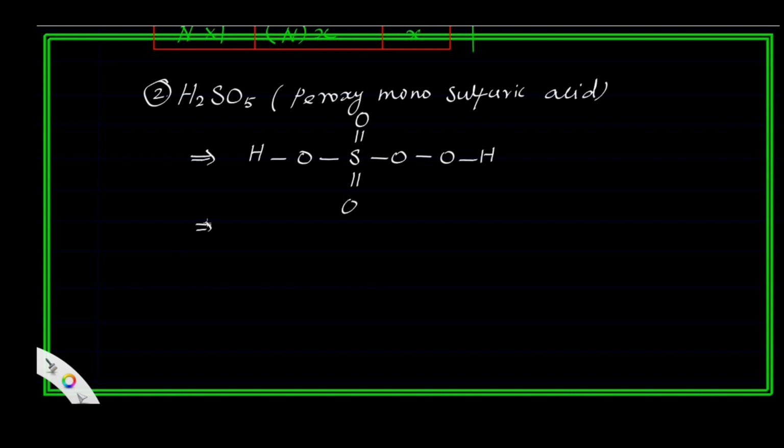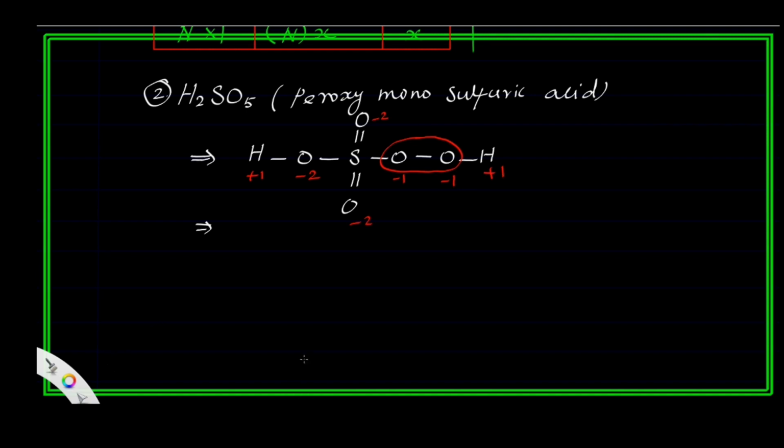In step 2, we put the oxidation number of each individual element. Hydrogen has +1, oxygen has -2, this oxygen also -2, and top oxygen -2, and this is the peroxide linkage, so this has -1, and last hydrogen has a +1.